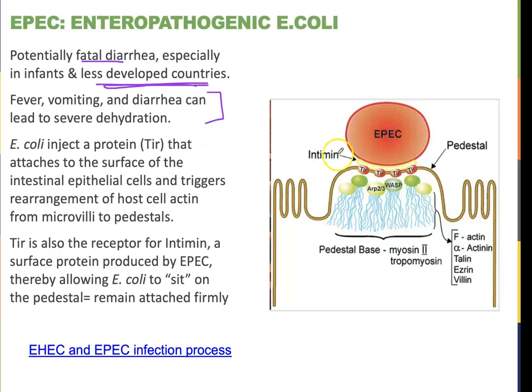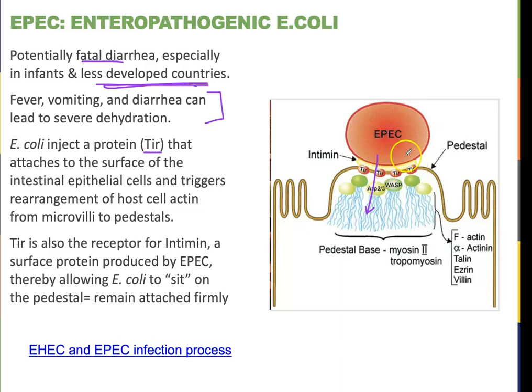One really cool thing that this strain does, and also EHEC, which I haven't got to yet, is that it builds a big pedestal to sit on in your intestines. There's a protein, Tir, that the E. coli pushes. This Tir protein is injected into your cells by the bacteria. That protein then embeds in the plasma membrane of that same cell.